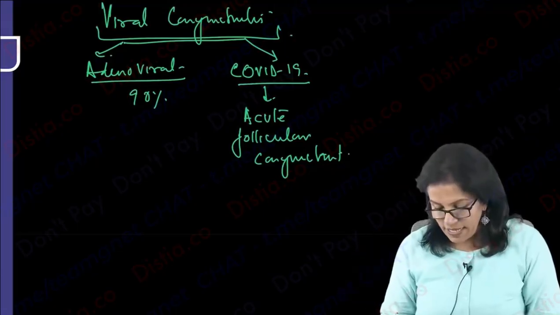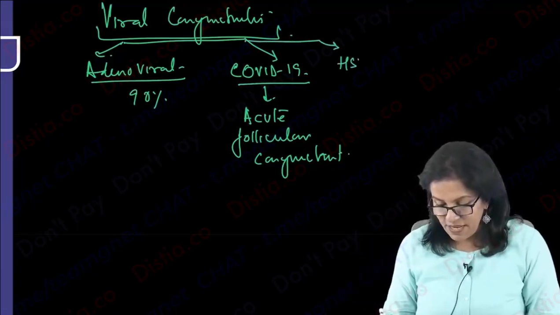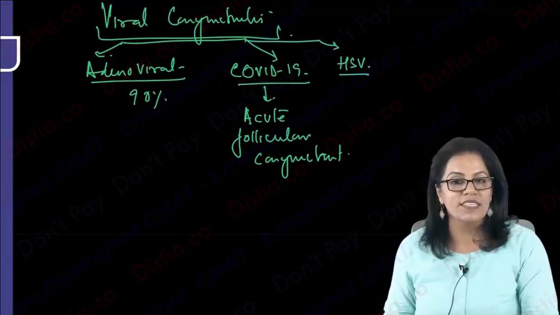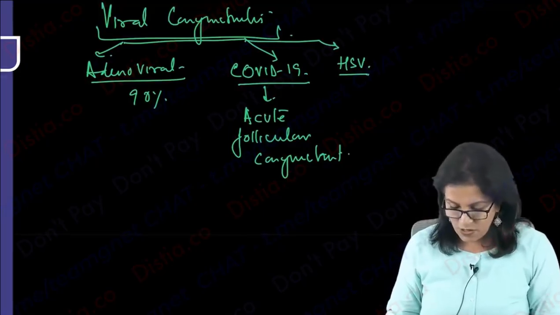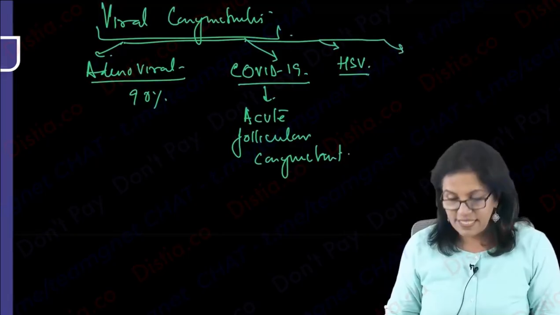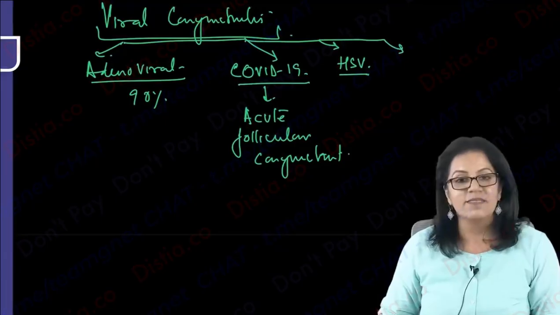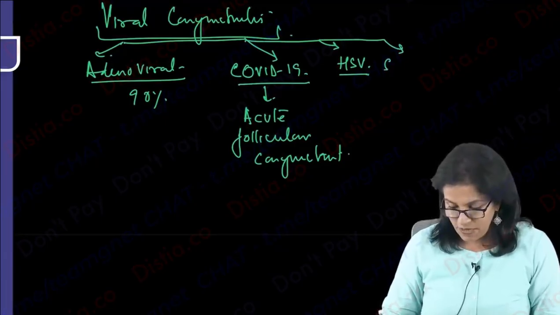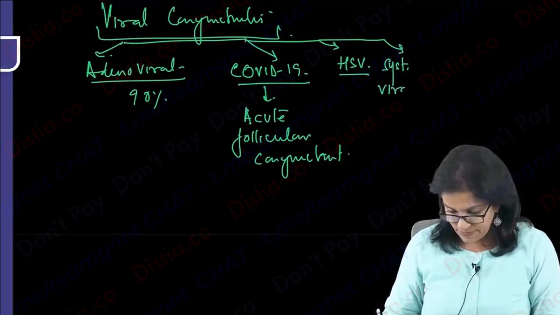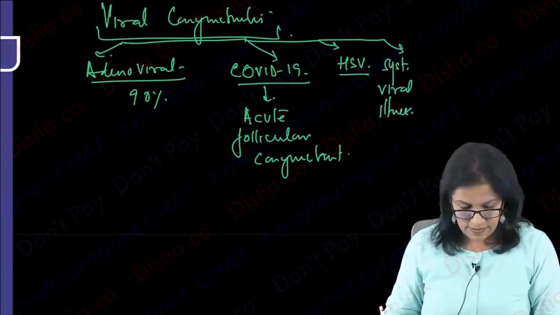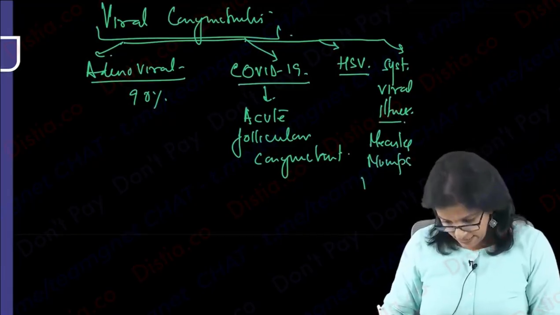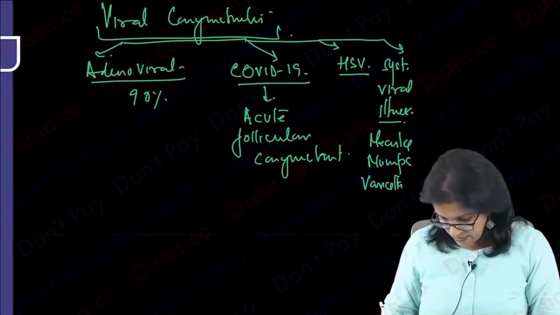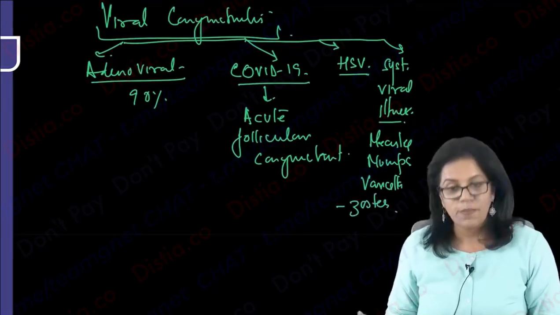Okay, so what else? What are the other viruses? It could be herpes simplex. Even this causes follicular conjunctivitis with skin lesions. Anything else we can think of? Let's also talk about some systemic illnesses that can affect the eyes, like measles, mumps. Okay, so systemic viral illnesses: measles, mumps, and even varicella zoster, right?